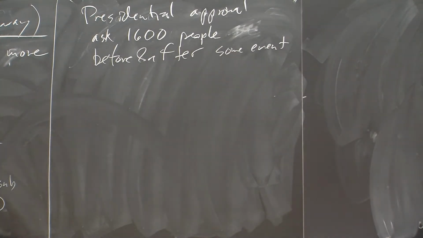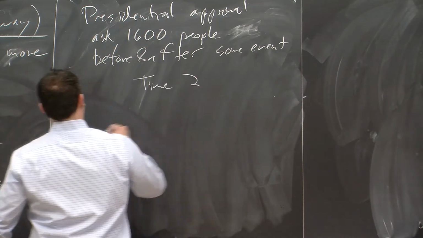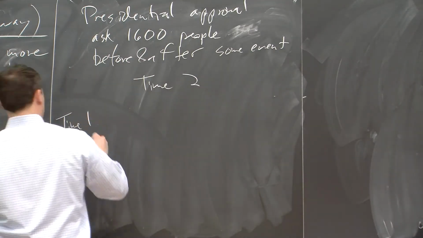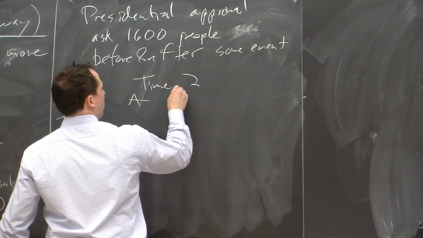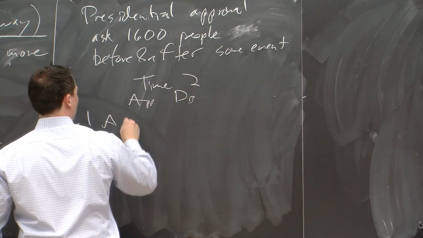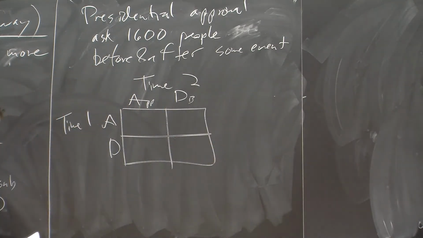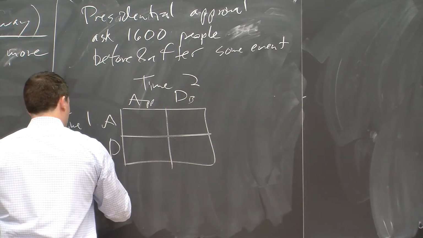Something bad happens. Then we get a table of time 1 and time 2, with people that approve and people that disapprove. We're asking the same people twice. We're calling them back. And we get some totals.